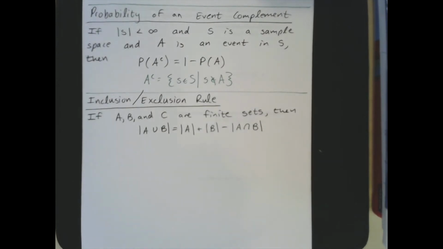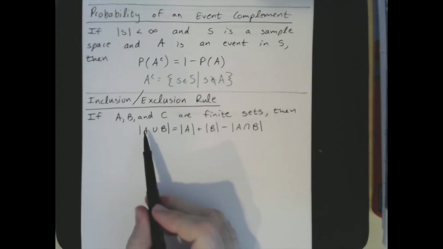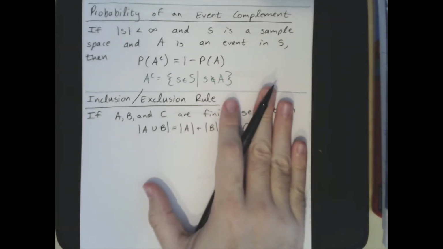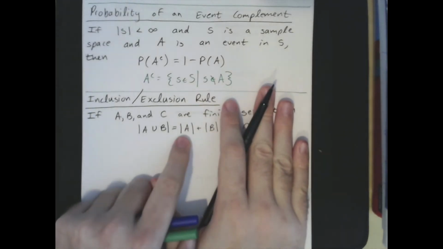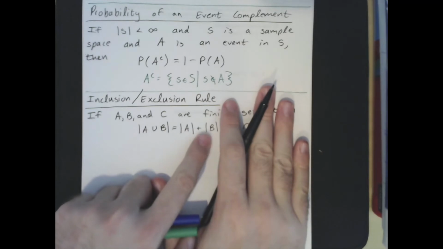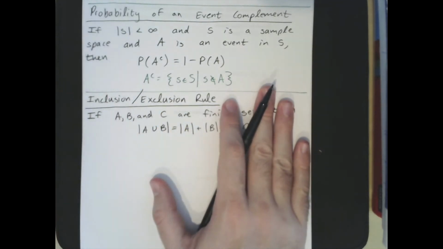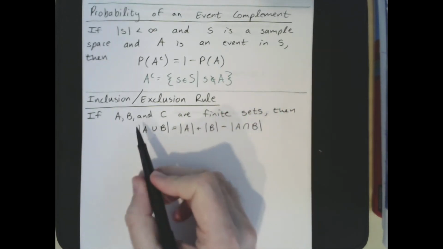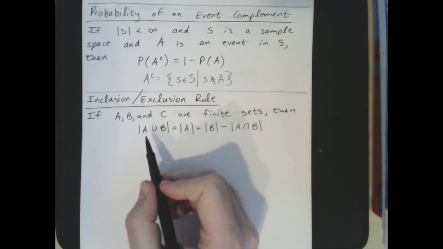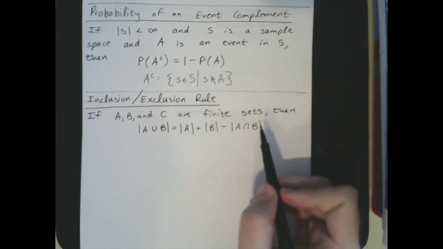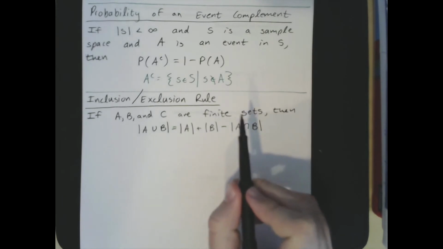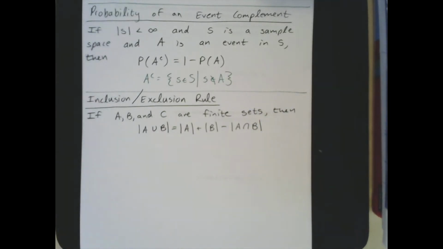And I say this is intuitive because if you think about A union B, if we just add up the stuff in each, everything that's in A and B, in their intersection, gets counted twice. So if x is in A and x is in B, it's going to get counted twice. Now we don't want to subtract both of those away from our count because we do need to count that element. But we know that the union doesn't list repeated elements, it just lists the elements that we see. So we subtract one copy, and if we just subtract the number of things in the intersection, that will subtract exactly one of those counted elements.